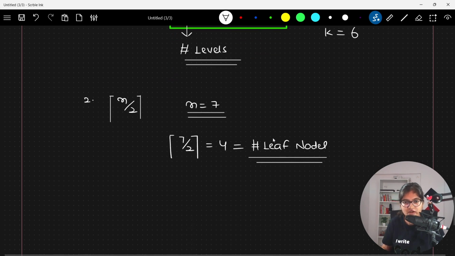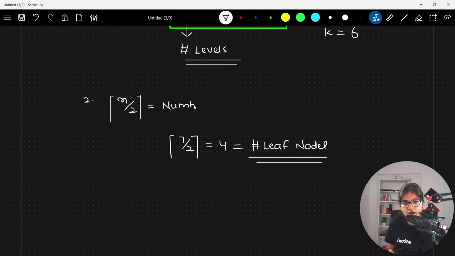Here if you observe, this is the count of the number of leaf nodes that we have. So how many non-leaf nodes do we have? That will be equal to the lower bound of the same.